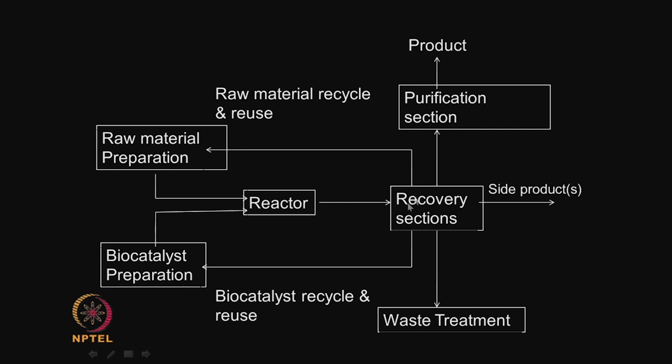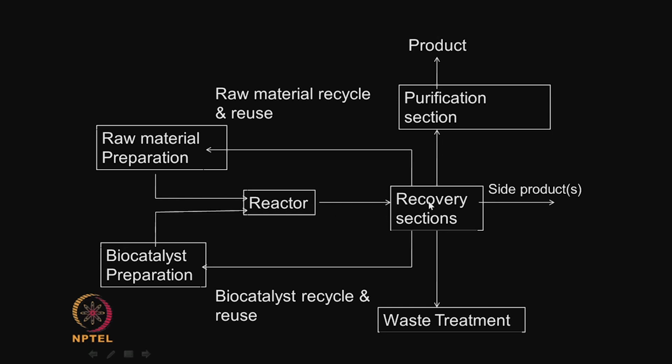So, you have the recovery of the product, sometimes you may also end up having side products, and finally you are purifying your product here. Depending upon the nature of the product, if it is a pharmaceutical product you may have to resort to very high end purification, whereas if it is a bulk chemical you need not resort to very high end purification. So, you could have several purification steps here if it is a pharmaceutical product.